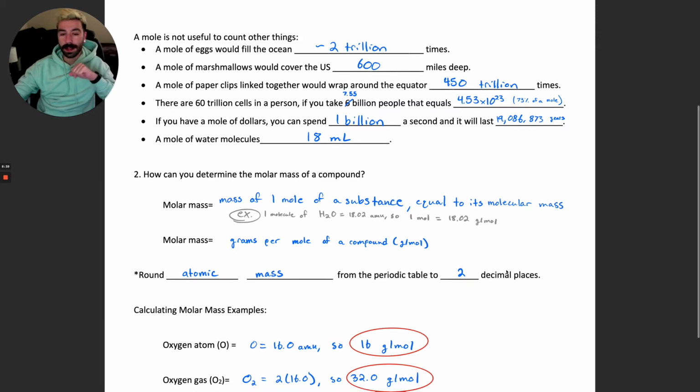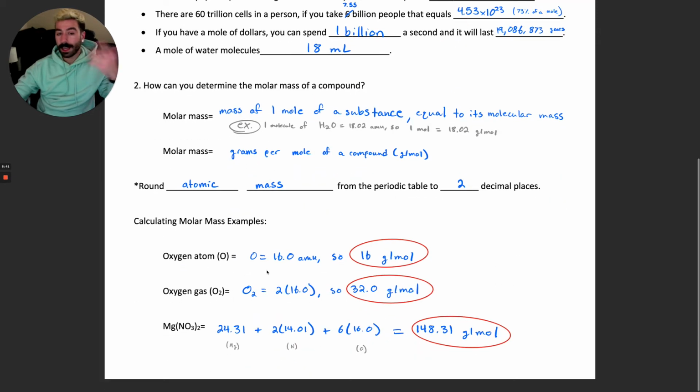Now let's look at molar mass. To calculate molar mass for different elements or compounds, if we have a single oxygen atom and we want to find the molar mass of oxygen, meaning the mass of 1 mole of individual oxygen atoms: oxygen weighs 16.0 AMUs, because it's 15.999, which rounded to 2 decimals makes it 16.0, so it's 16 grams per mole.